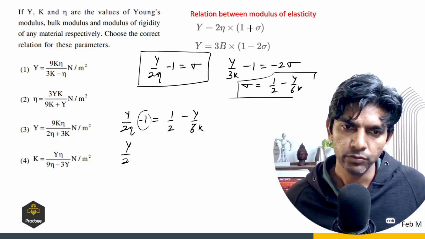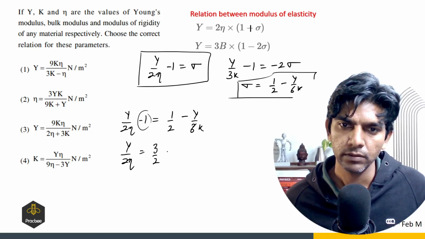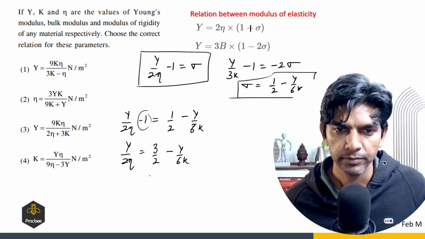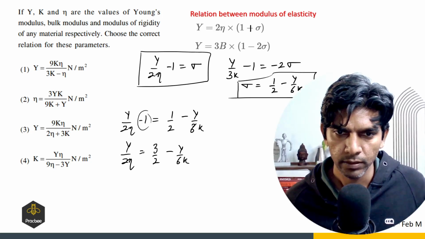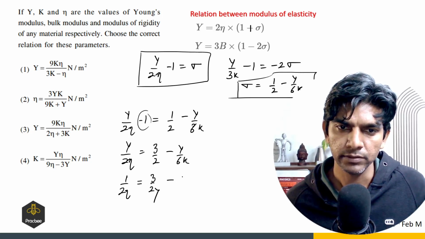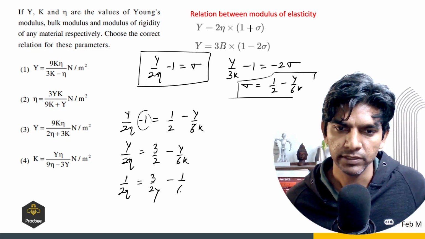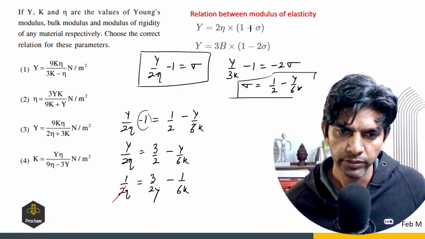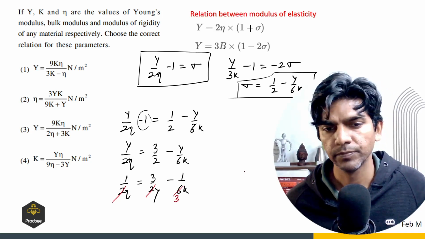So we have y by 2 eta equals 3 by 2 minus y by 6k, and let us divide throughout by y. So we get 1 by 2 eta equals 3 by 2 y minus 1 by 6k, and we can also eliminate 2, so we are getting 3 here.